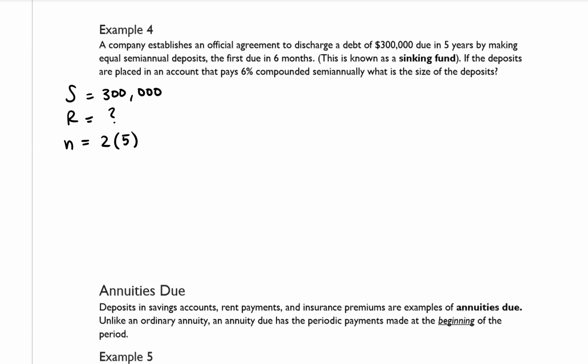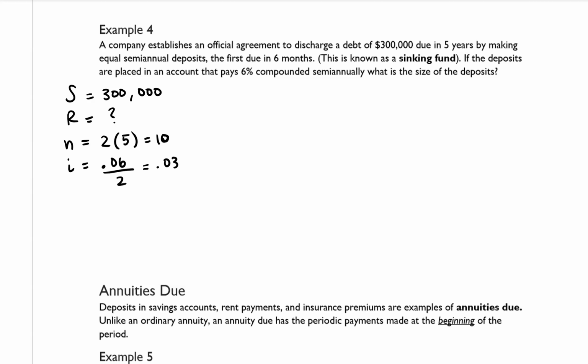So 2 times 5 is equal to 10. And our annual interest rate is 6%, which is 0.06. However, we are making payments twice a year, so we need to divide that interest rate by 2, which is going to be 0.03.